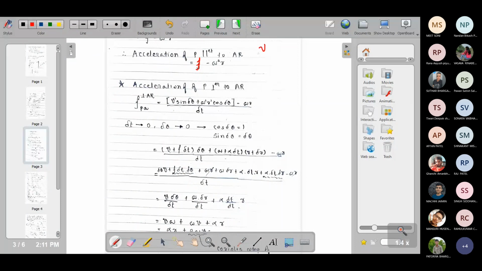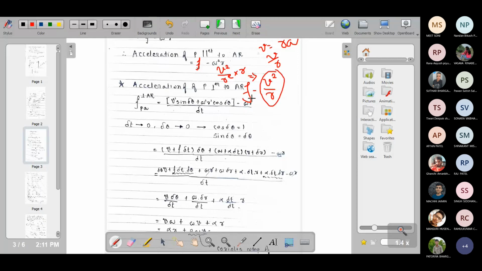Suppose V equals R omega. If I put omega equal to V by R, it becomes V square by R square into R. This gives me V square by R. So it means F minus V square by R. What is this component?